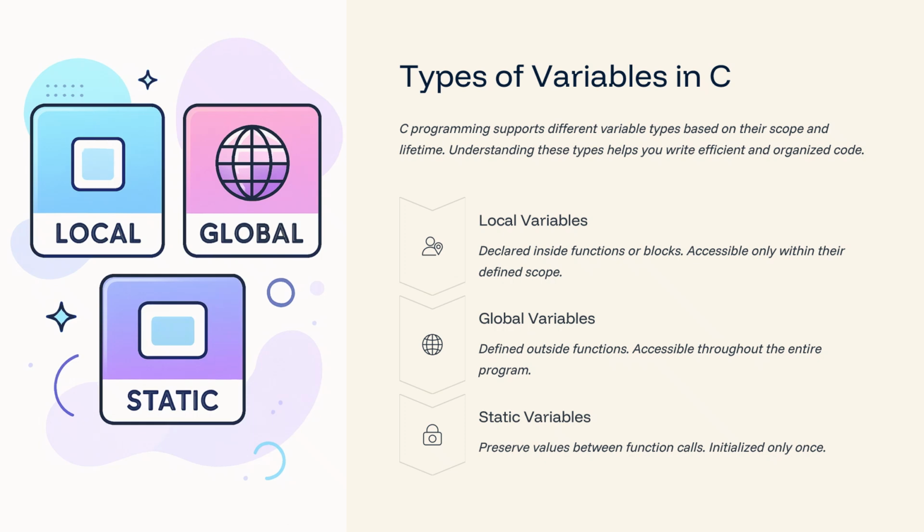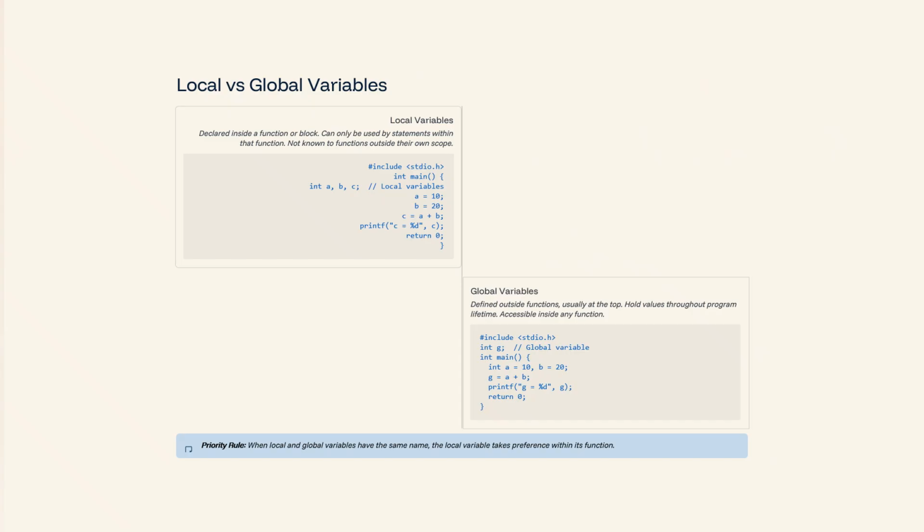Static variables preserve values between function calls and are initialized only once. So local variables are local to that particular function, whereas global variables are defined outside the function and are accessible throughout the entire program. Now we will see individually what local variables and global variables are.